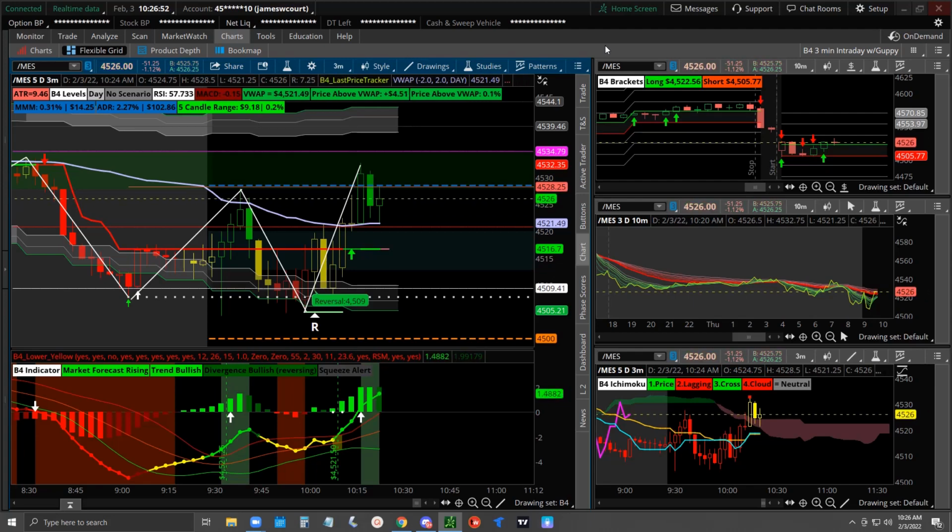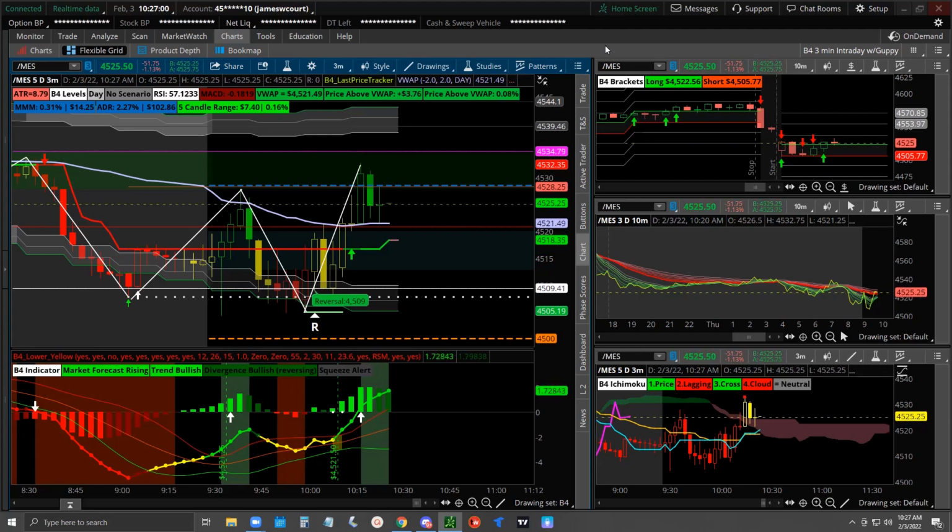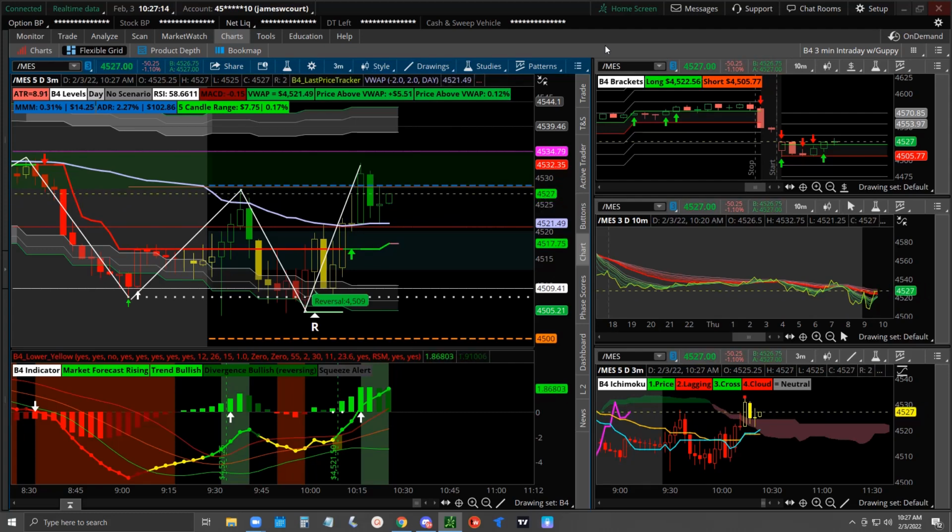That's right. If you're using the 200 EMA, there was a 200 EMA rejection on the ETH chart, because it's a deeper pullback.